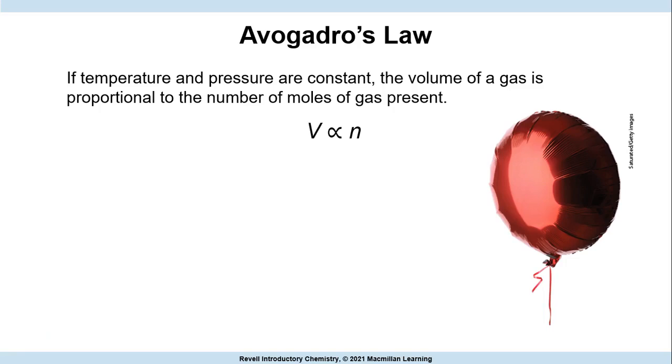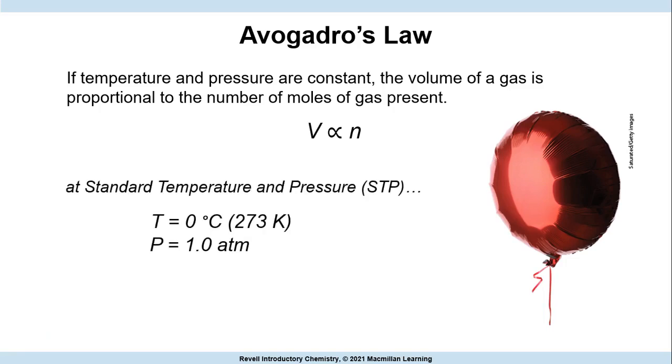So the volume is directly proportional to the number of moles, which means that V over N is equal to a constant. So at standard temperature and pressure, which is often abbreviated STP, the temperature is 0 degrees Celsius, which is 273 Kelvin.